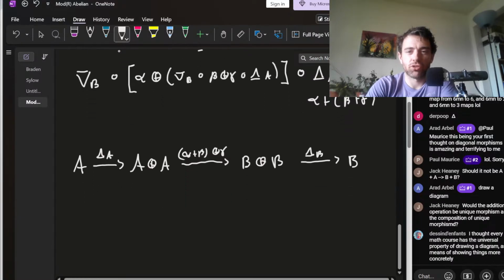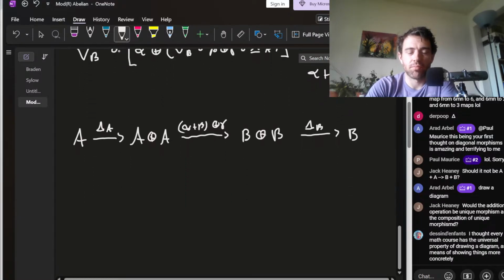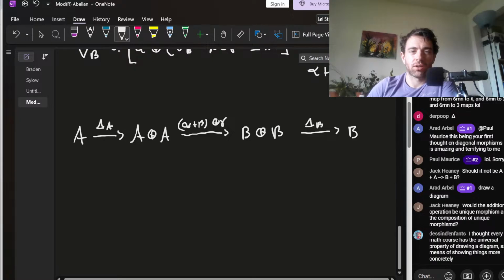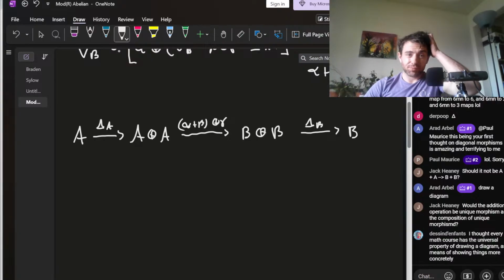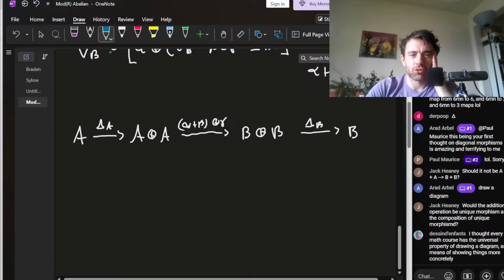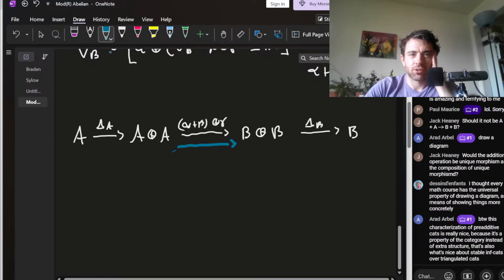I mean, if we could show that this commutes with everything. So, that map also starts off going through here, but then we take this alternative route.